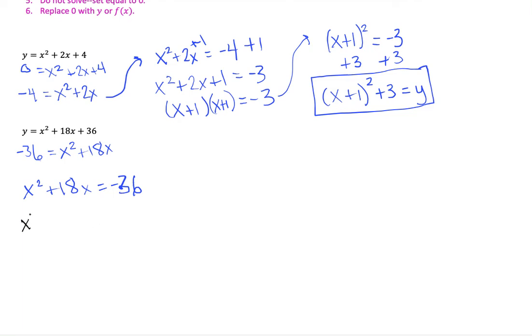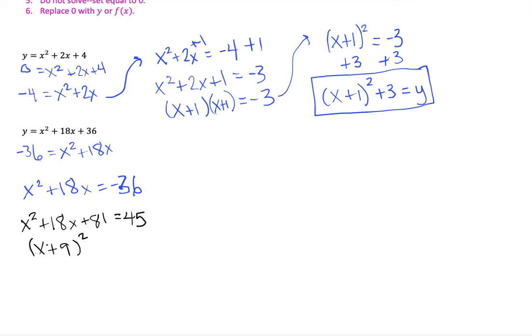So I'm going to have x squared plus 18x plus 81, and I'm just going to go 81, 45. It's getting late, and I don't trust my math. Okay, this I'm going to write as x plus 9 times x plus 9.